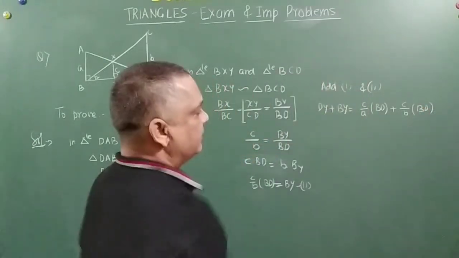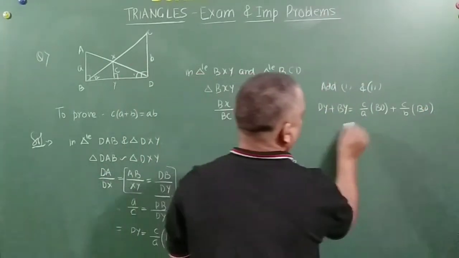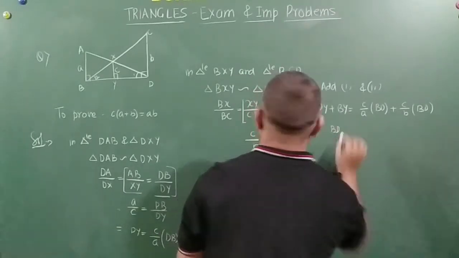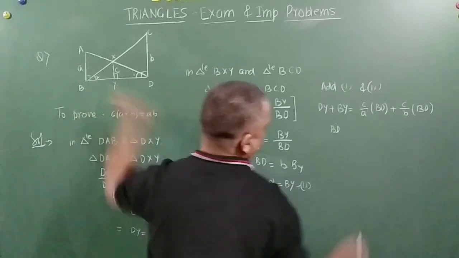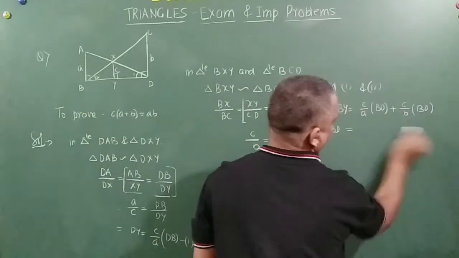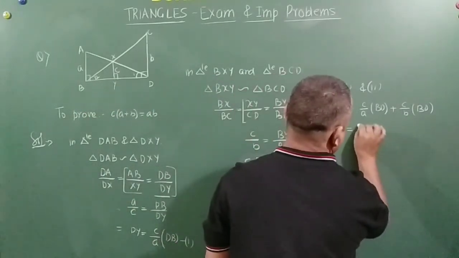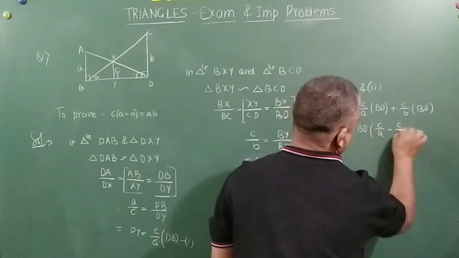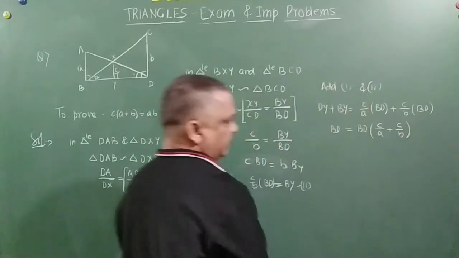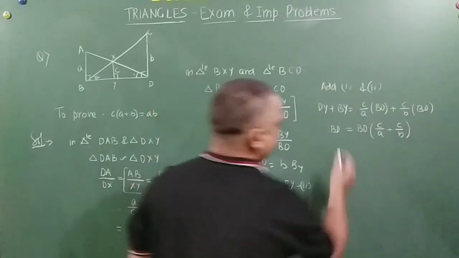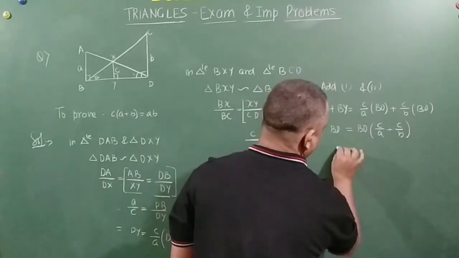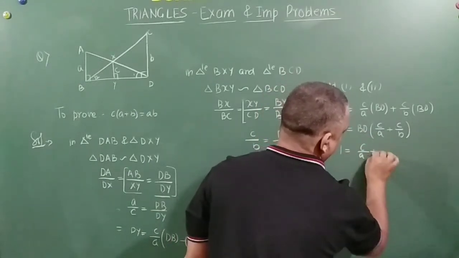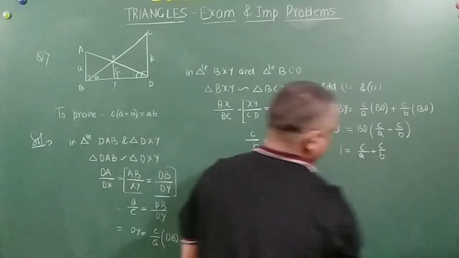You're getting it? Right? So what happens, friends? Here dy plus by becomes BD, and here if I take BD common, this becomes C by A plus C by B, right? Absolutely no problem here. So this BD, when I bring it down, it becomes 1 is equal to C by A plus C by B, right?